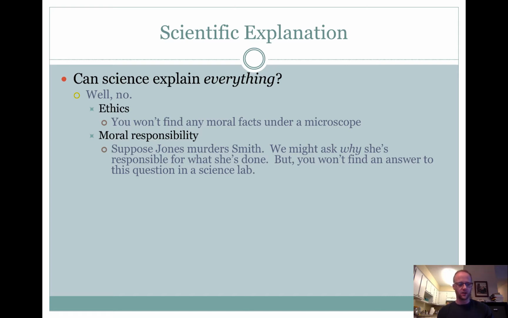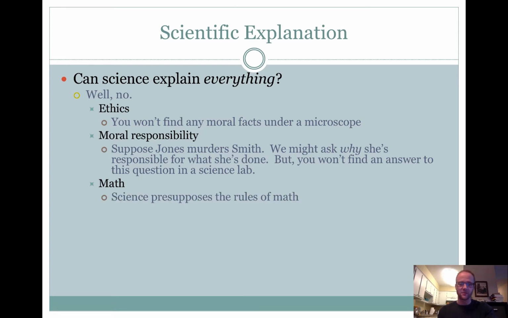You can't look under a microscope and figure out why Jones is morally responsible for having killed Smith. You might be able to explain what caused Jones to kill Smith. You might be able to explain why Smith died given the actions of Jones. We can't explain, first of all, why it was wrong for Jones to kill Smith for no good reason, and why Jones is responsible, if Jones is responsible, in the moral sense, for her murder of Smith.